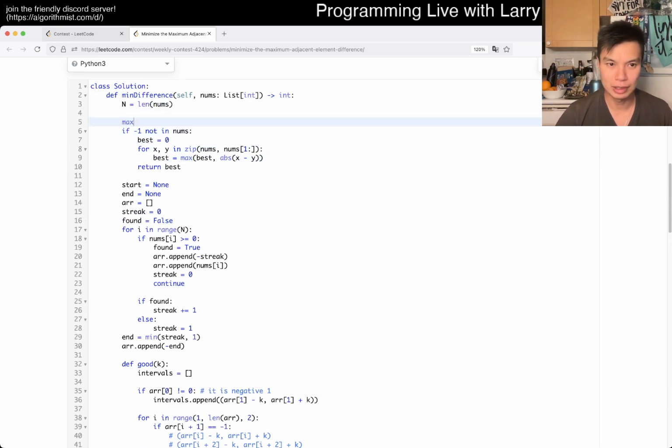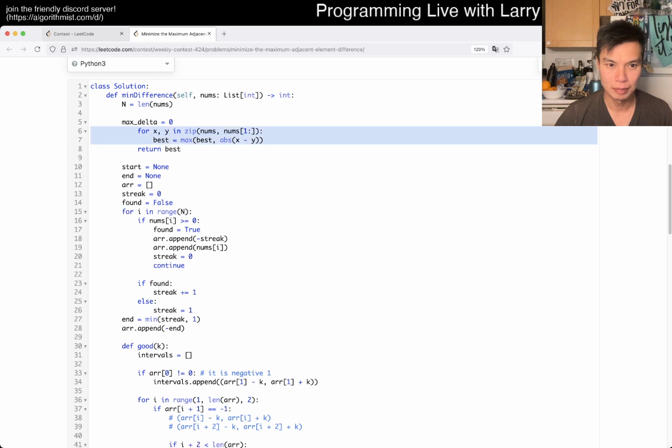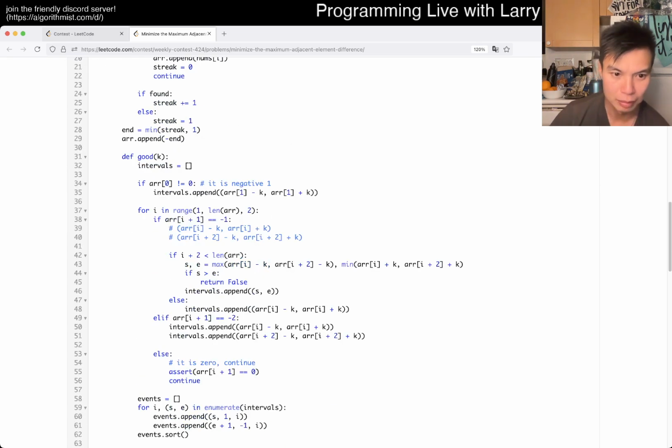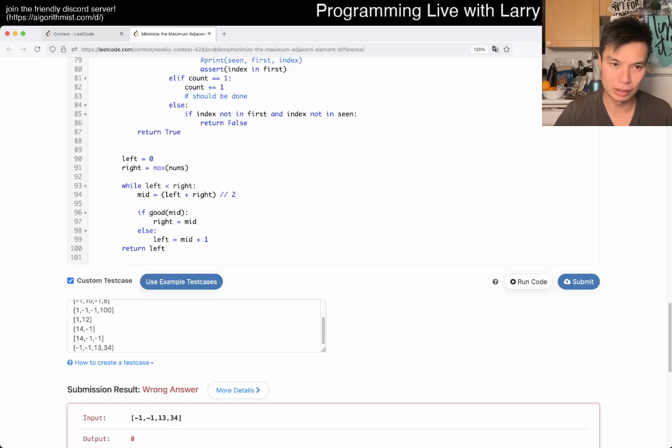Max delta is equal to max whatever 0. Technically it's min delta. Okay, then we just baked it into this thing.